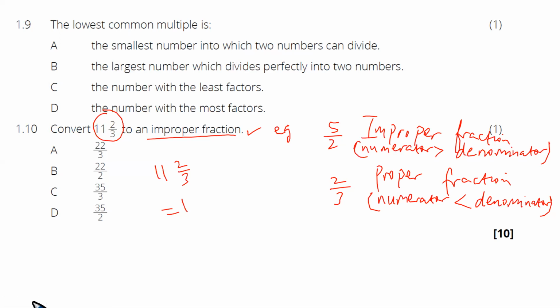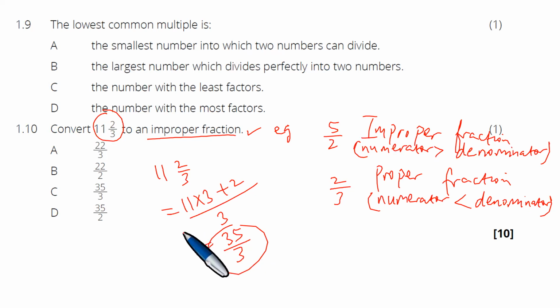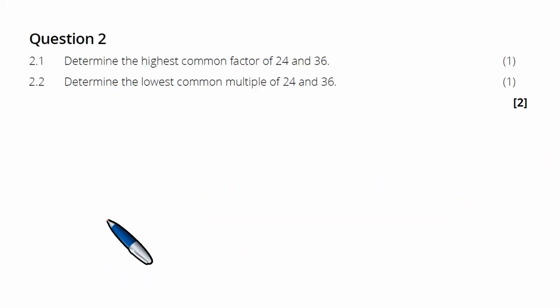So 11 times 3 is 33, plus 2 is 35. So the answer is 35 over 3. You get the point?